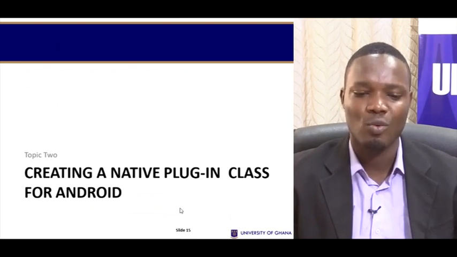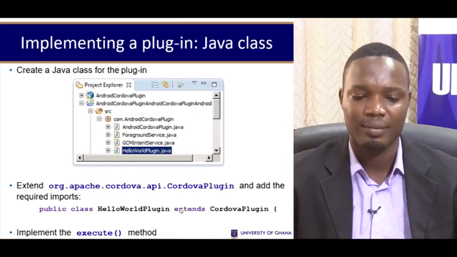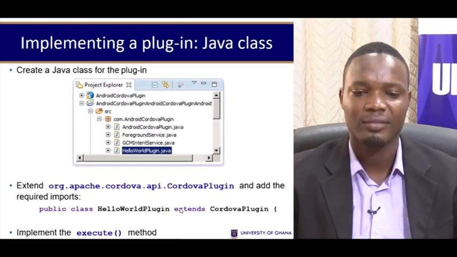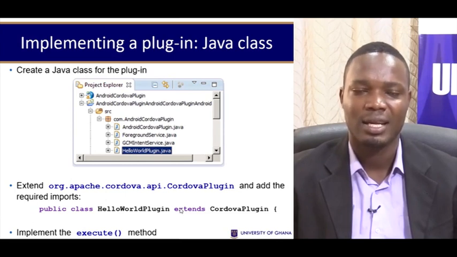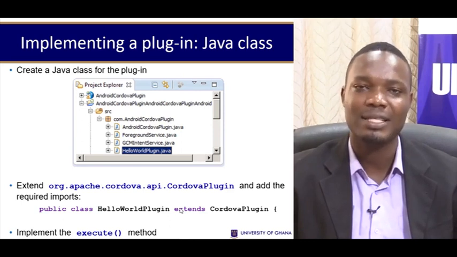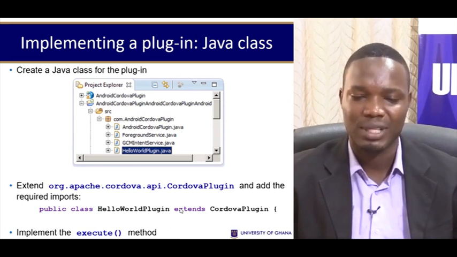Now we want to look at how we would create a native plugin class for Android. Now to implement a plugin, like we said, the first part of it is the Java class. So we need to create a Java class for the plugin. Now, for this to work, that class needs to extend a particular class that has been provided by Cordova, and that is the CordovaPlugin.